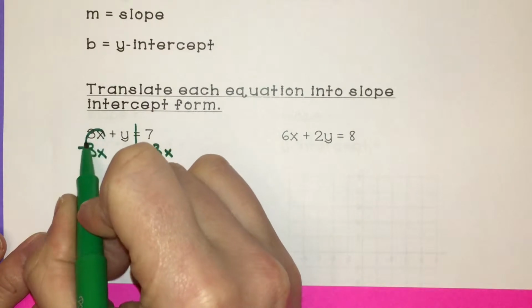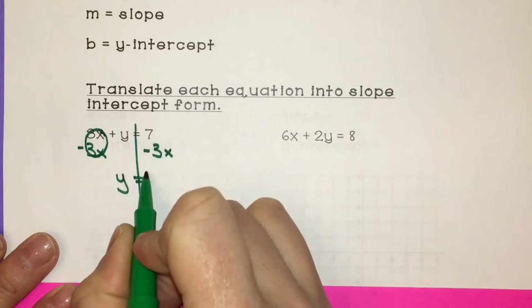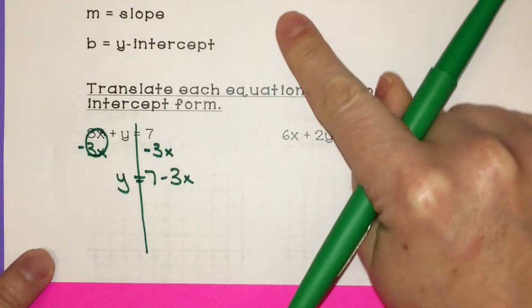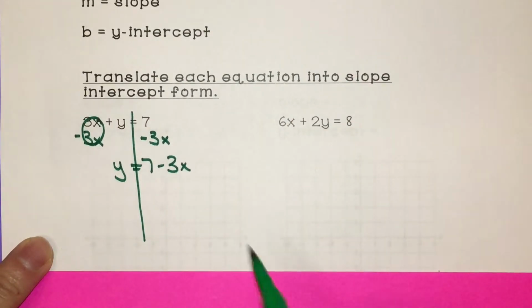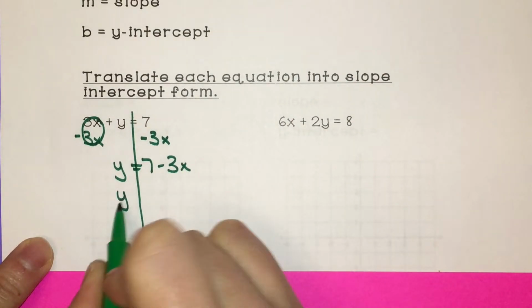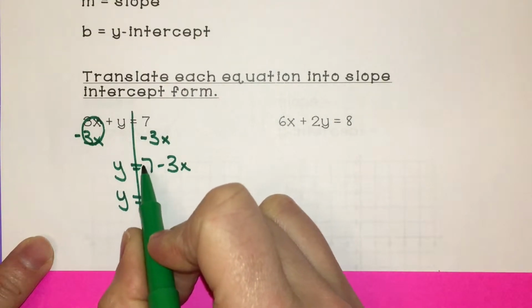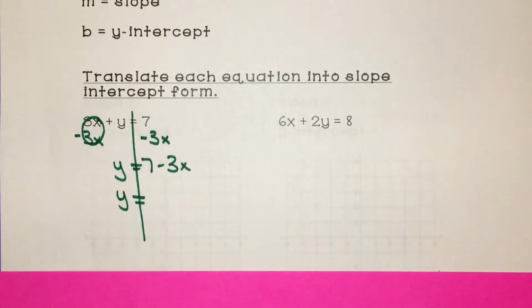So I have 3x minus 3x is 0. So bring down the y equals 7 minus 3x. I want this in slope-intercept form, so I do want my x term in front. So I'm just going to rearrange this side. Y equals, okay, my 7's positive, and my 3x has a minus in front of it, which I can also treat as a negative.